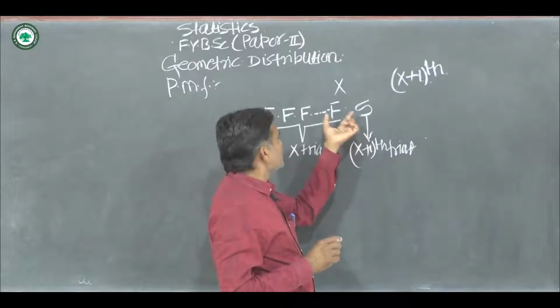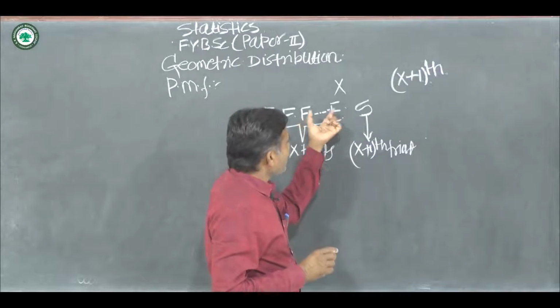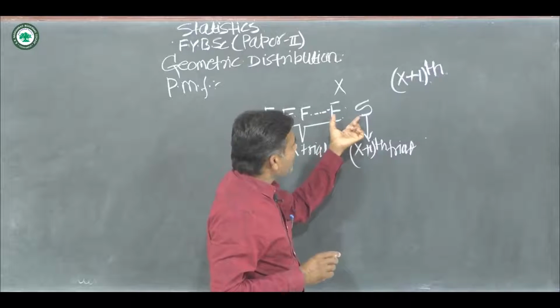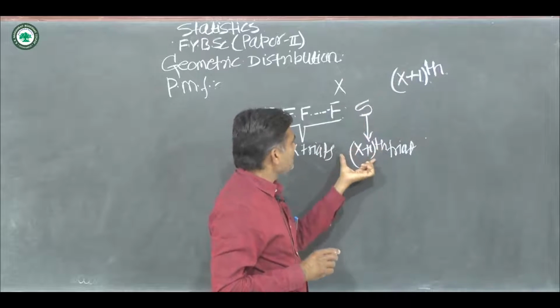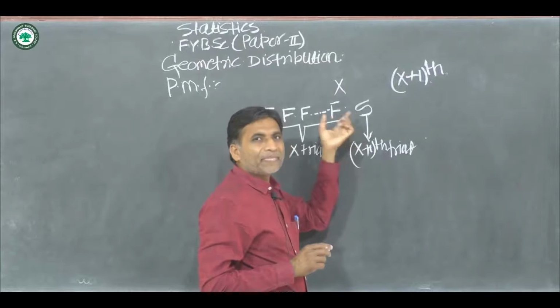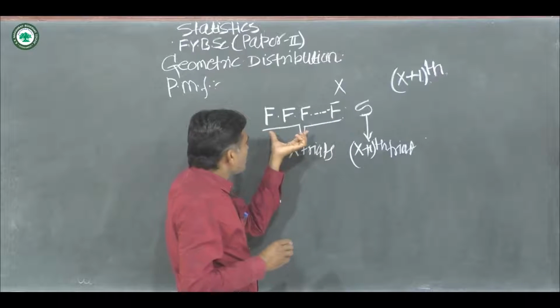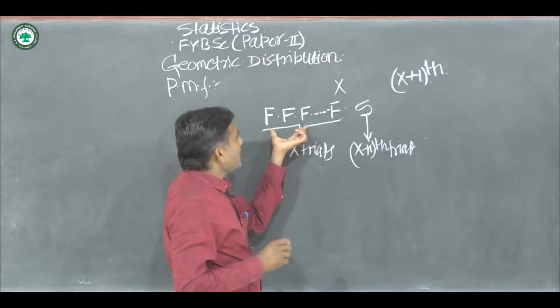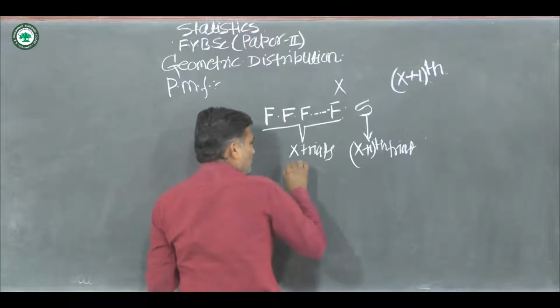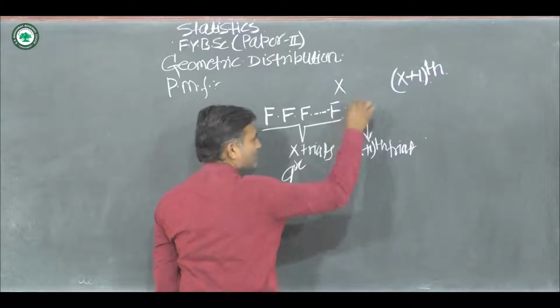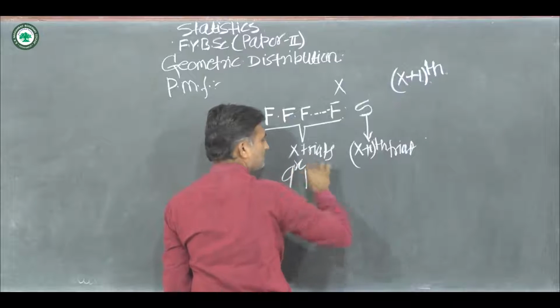S stands for success, F stands for failure, and we have a success at the X plus 1th trial, and the probability of success is P. The probability of X failures is Q raised to X, and the probability of success is P.